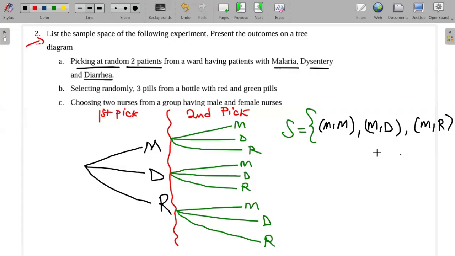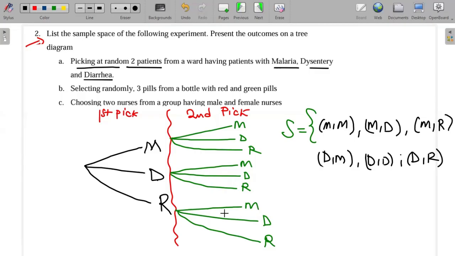Or it can be that my first was dysentery. So now I start pairing dysentery with everything that is there. It will just be D comma M. I'm sure by now you know what's happening, and then D comma D, and then D comma R. So these are possible outcomes.